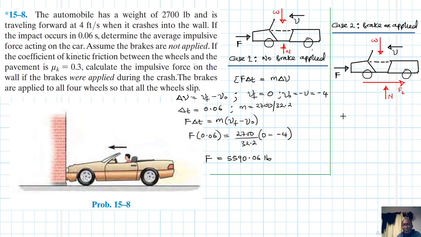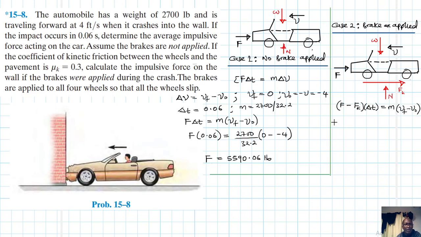That's the direction of our force. So we are saying the change. So here we'll have force F minus Fk, times delta T, and this is equal to M delta V. And our delta V is just V final minus V initial.